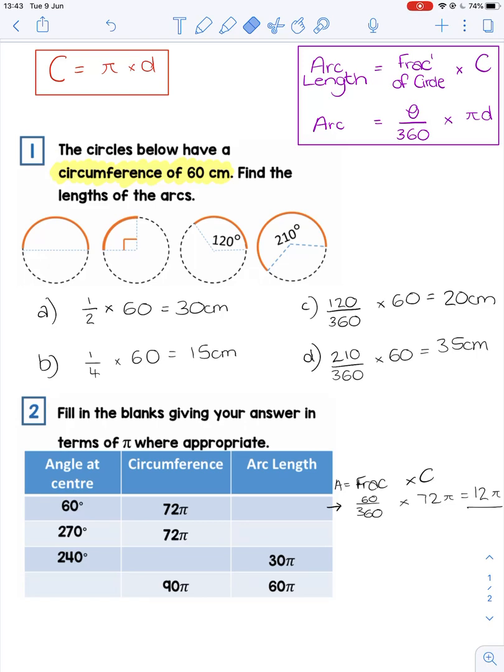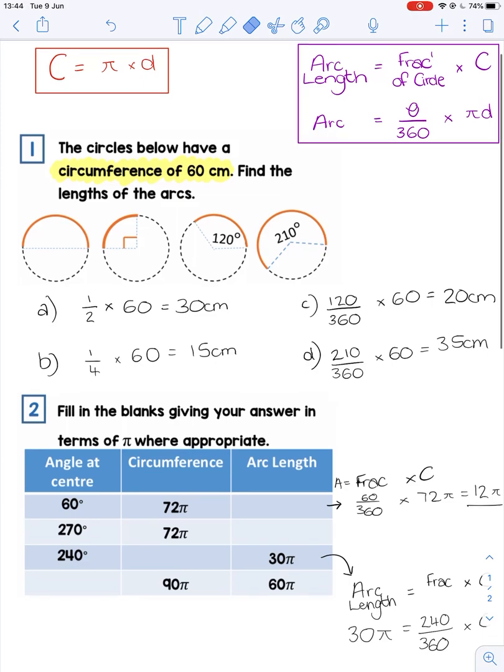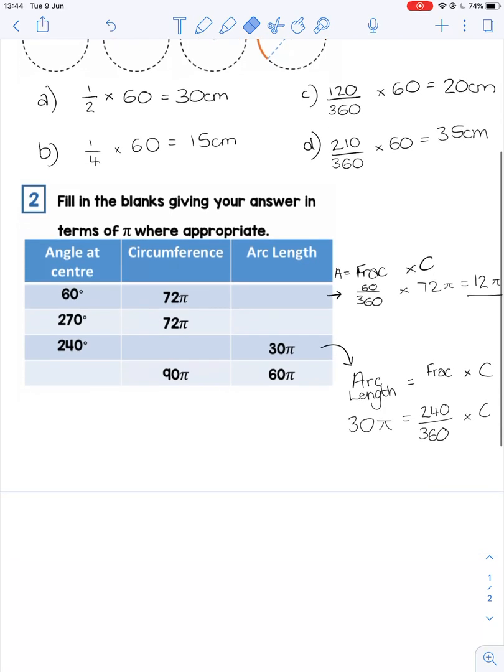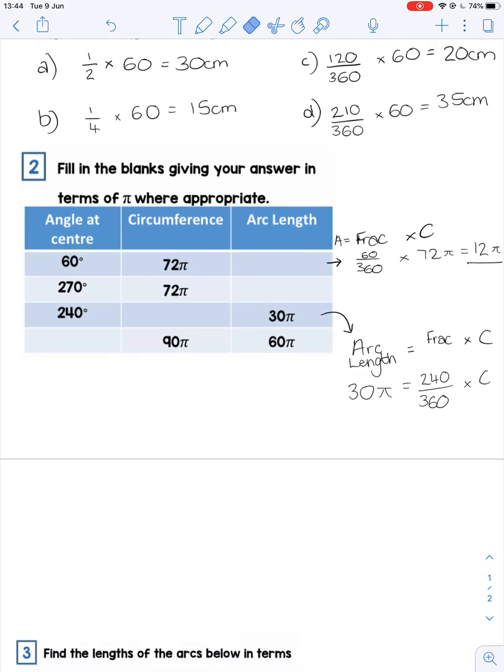The third one down, we've been given the arc length and the angle, but not the circumference. So remember, arc length is the fraction times the circumference. So the arc length of 30 pi equals that fraction, 240 out of 360, times the circumference, which we don't yet know. To solve that then, because I want to know what the circumference is, I'll times both sides by 360.